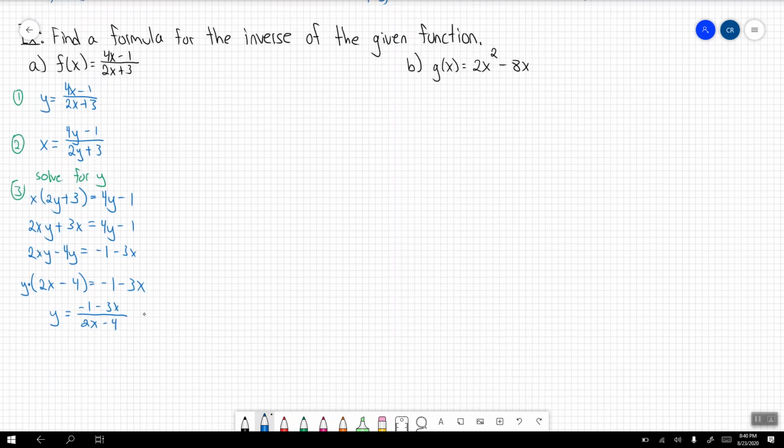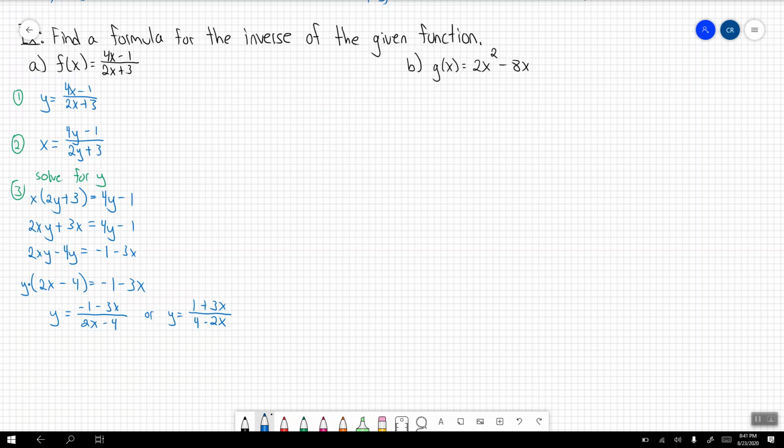Or you can say that y, if you factor a negative 1 from the numerator and send that to the denominator, we actually get 1 plus 3x divided by 4 minus 2x. These two equations are equivalent to one another. One has a few more negatives than the other, and I prefer the one that looks more clean.